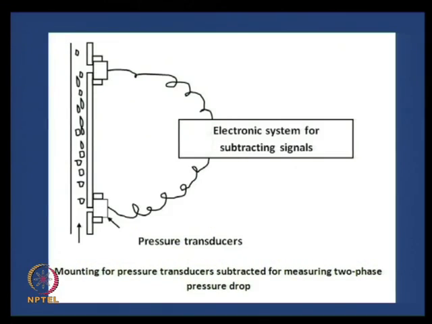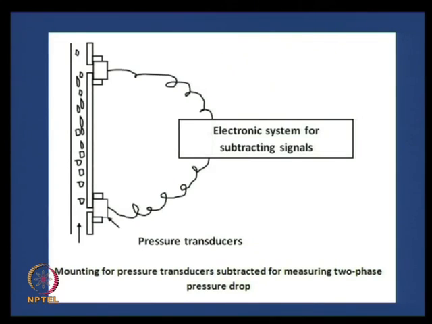Suppose we want to measure pressure response. For these particular situations naturally we would like to go for transducers, that we do for single phase flow also. Usually what we have are two pressure transducers, wall mounted pressure transducers, and the signals from the two pressure transducers are sent to a system where they are electronically subtracted to give us the pressure drop.